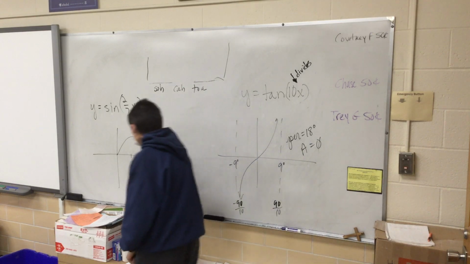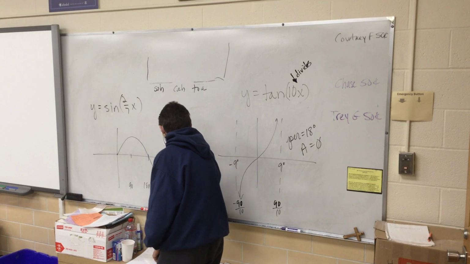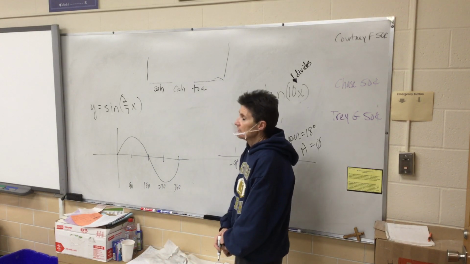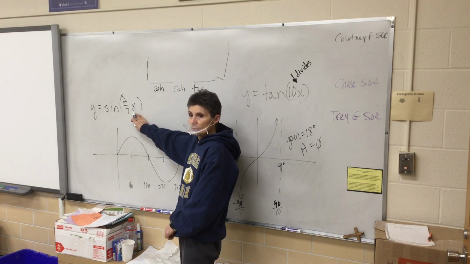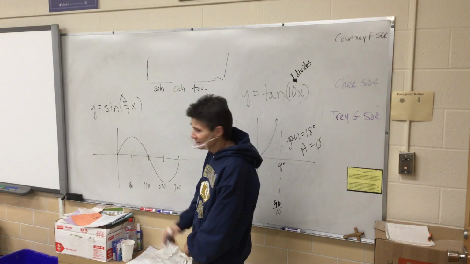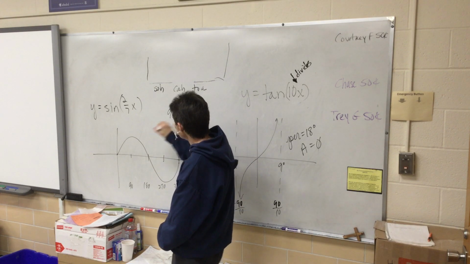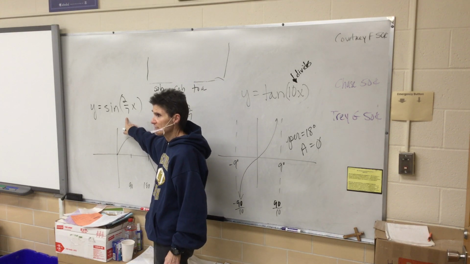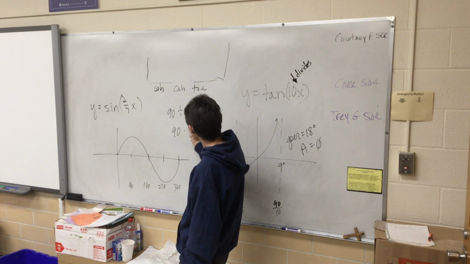They're supposed to be 90, 180, 270, and 360. But what's happened? We've divided by 2/7. So 90 divided by 2/7. Remember, that number divides. So that's going to be 90 times 7/2.